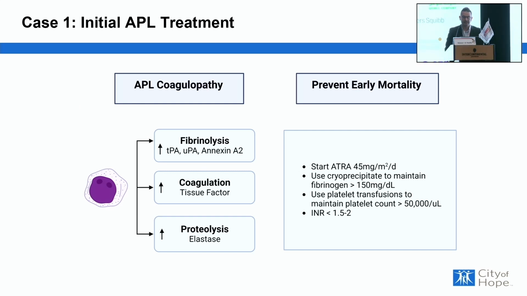In APL, there is increase in fibrinolysis, increase in coagulation due to tissue factor and damaging of the tissue, and increase in proteolysis. All of those, as we can predict, will lead to unbalanced coagulation and bleeding. How do we prevent that? We start ATRA as soon as possible, and we replace coagulation factors.